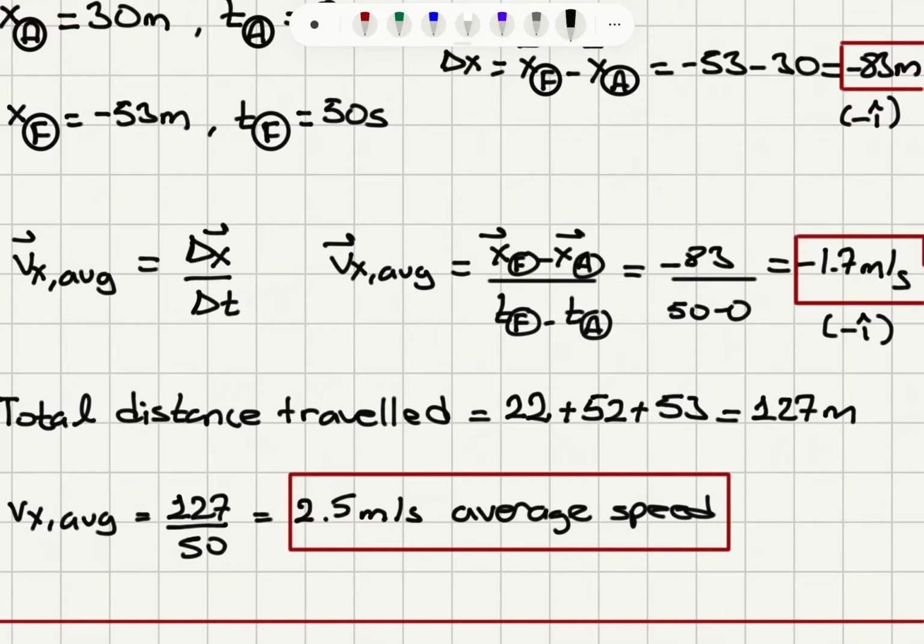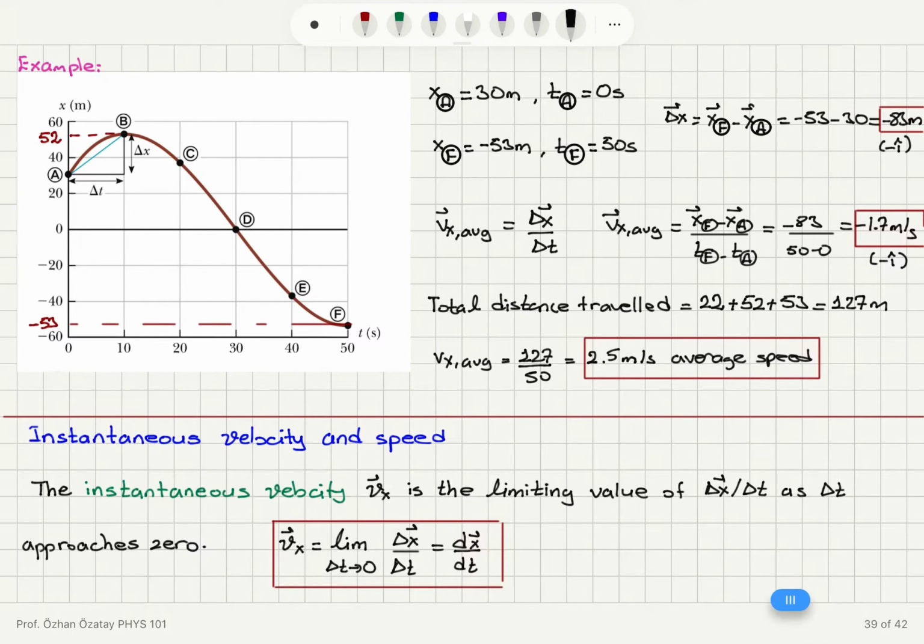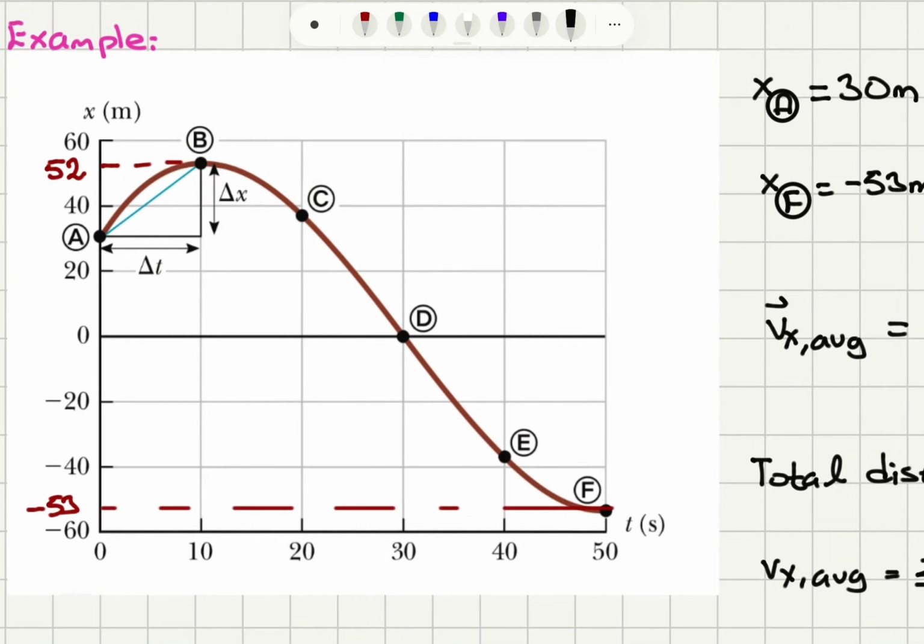And because I'm showing these as vectors, even for the one-dimensional case, I should denote that this is in the minus i hat direction. What is the total distance traveled by this particle? Well, I have to look. So I started at 30 meters, A. I went to position B. So the total distance I have traveled there is 52 minus 30, 22 meters.